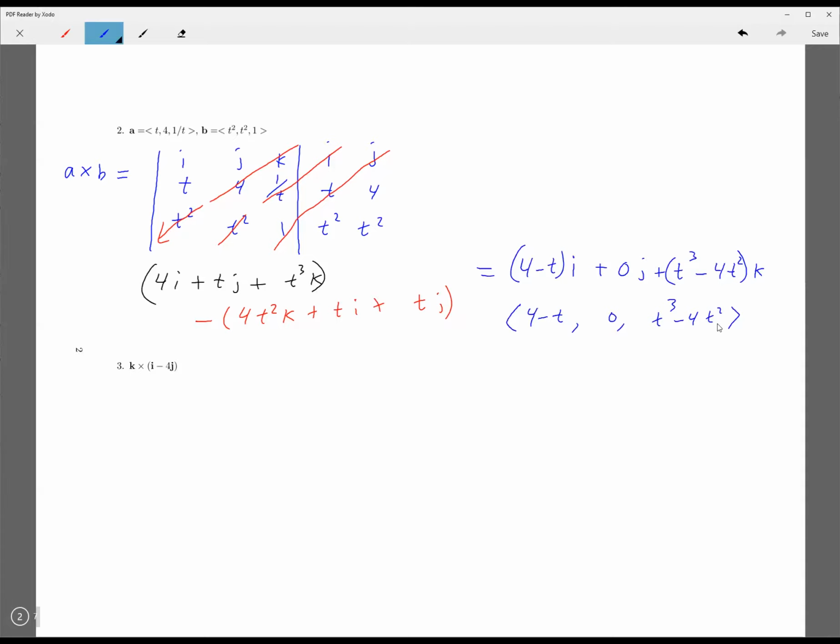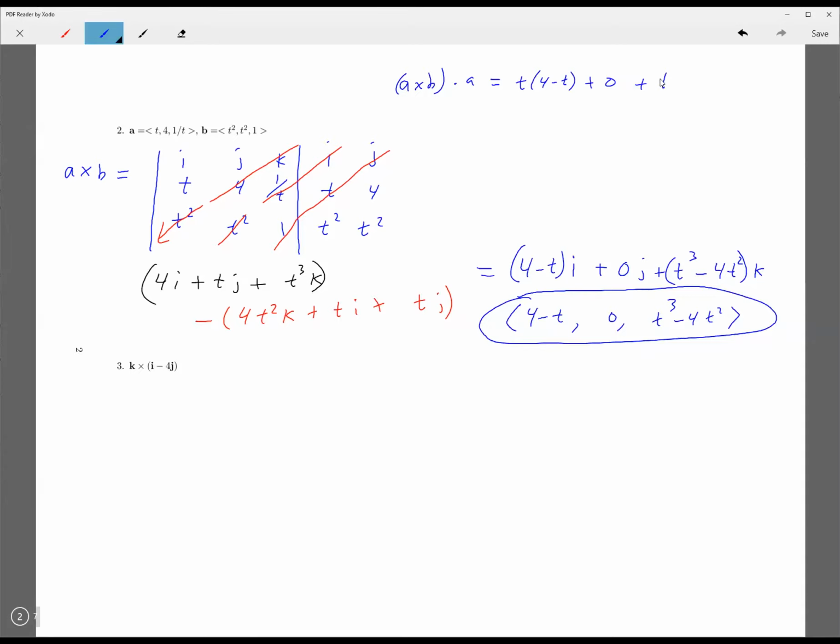And then if you take the dot product of this with this, okay, so A cross B, dot product with A. That's going to be T times 4 minus T, plus 0, because there's a 0 right there, and then plus 1 over T times that.